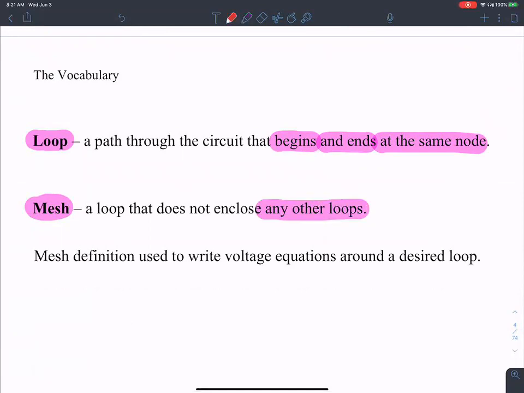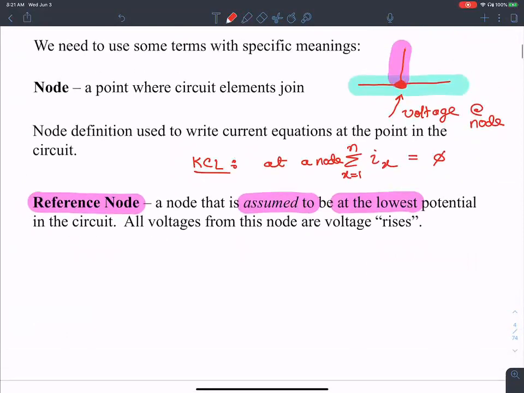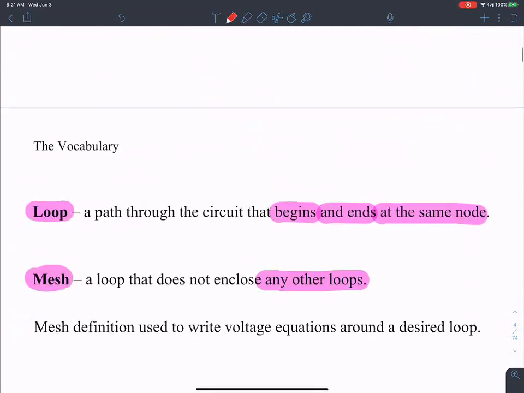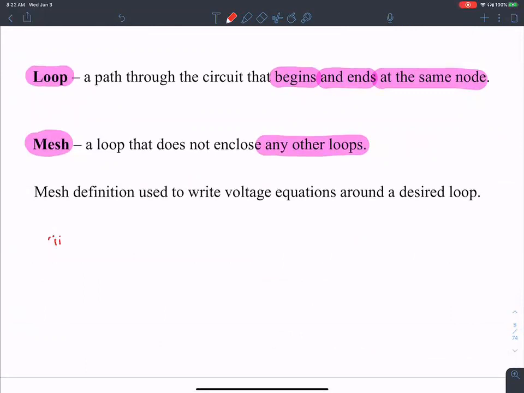So earlier we used nodes and associated voltage with them. So this is step one. And then KCL was associated with a node. KCL states that the sum of all the currents is 0. Now, when it comes to mesh, we associate mesh current. On the other hand, KVL states that the sum of all voltage drops across a loop is 0.